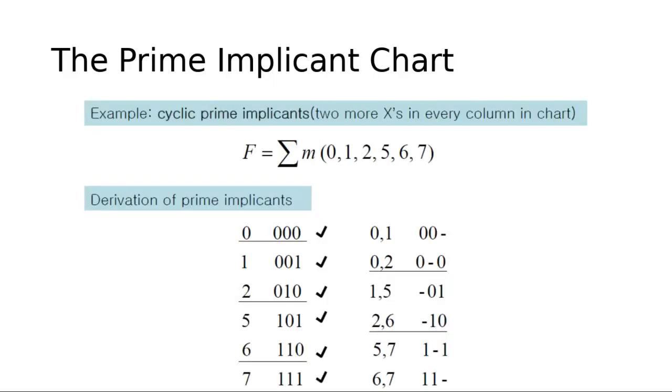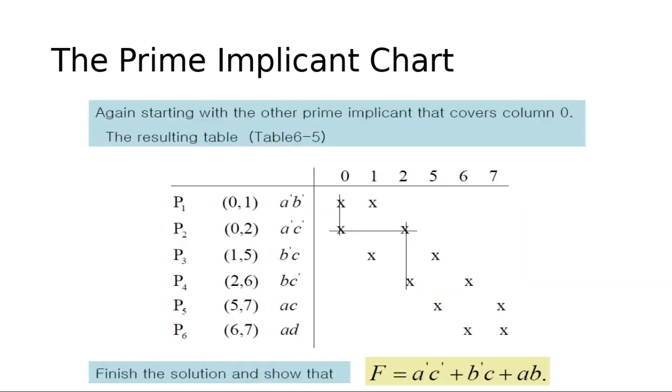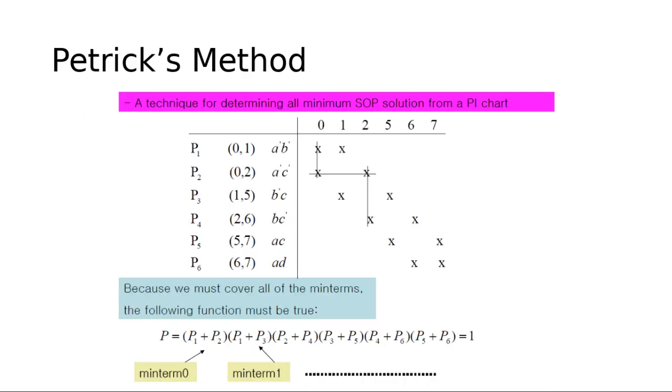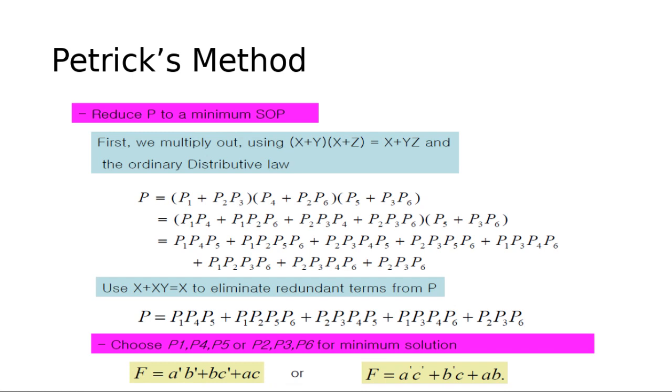The result has to cover all of the minterms. It is the same for this. The results have to cover all of the minterms. And if you know these rules, you get two different solutions. This one and this one. When you get this one, P1, P4, P5, or you can get this one.